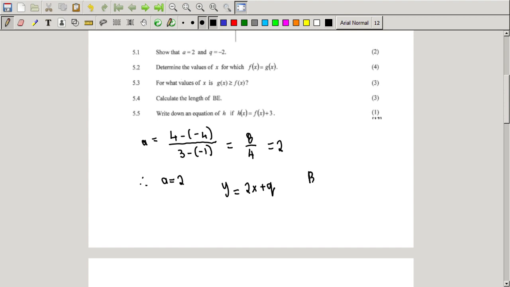The coordinates for B are 3 and 4, sorry, not 4, it's 3 and 4. So g of x is equal to 2x plus q.